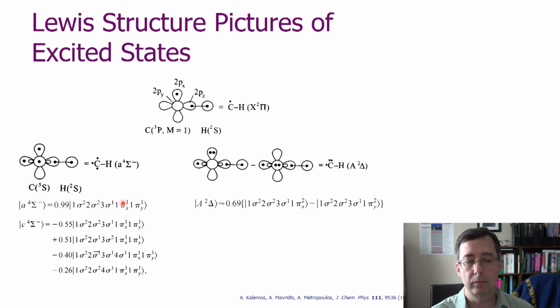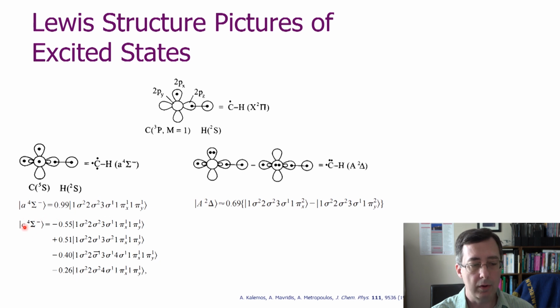But this could be represented very well by a single Slater determinant. In fact, the whole wave function looks like basically one determinant with a coefficient of 0.99 on it. So that one could be adequately done by just a single Hartree-Fock or DFT calculation on this one determinant, and I'd get a very reasonable answer for that because it's the lowest quartet.